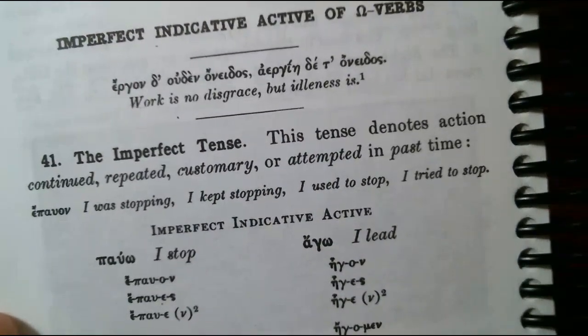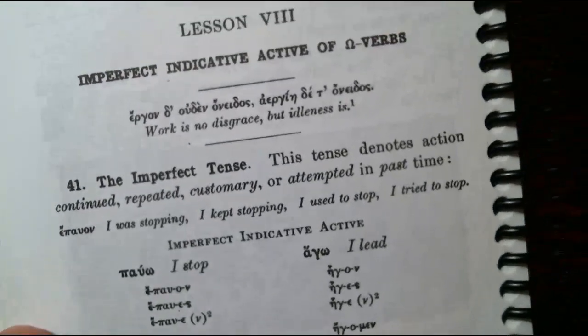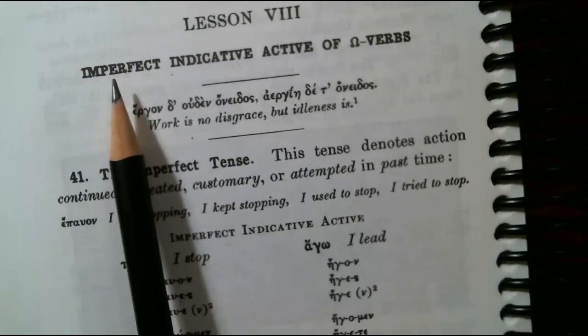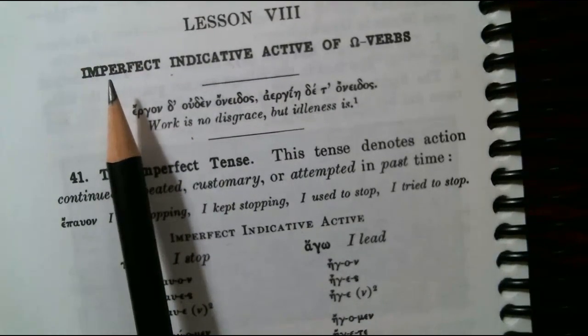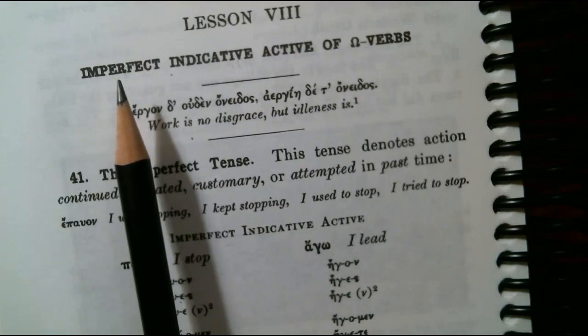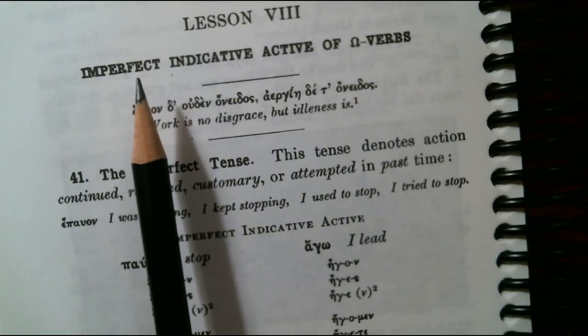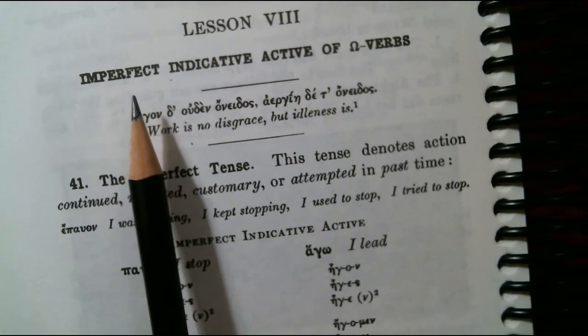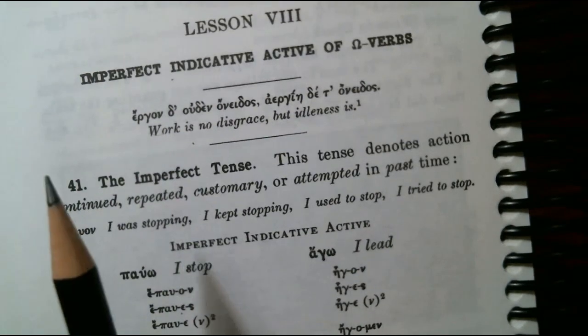But let's talk about what the imperfect tense means. So imperfect is the tense. That comes from the Latin word tempus, temporis, which means time. And you can think of verbs as time, past, present, future, generally speaking, but a better way to think of Greek words is how is the action affecting the present, or how is it relating to the present?